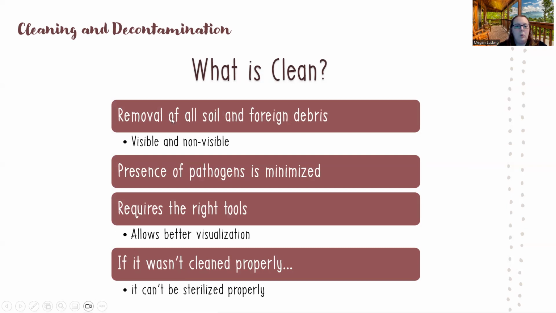So in order to do that, you're removing all soil, even if you can't see it. They're going through a cleaning process that requires the right tools, and we'll talk about some of those processes in a minute. And if it wasn't cleaned properly, if you didn't go through this whole step correctly, it can't be sterilized properly. If you left a tiny little piece of tissue on your scissors that you didn't get scrubbed off, and it goes through the sterilizer, it doesn't matter that it went through the sterilizer.